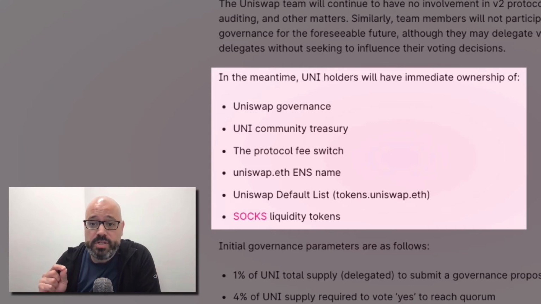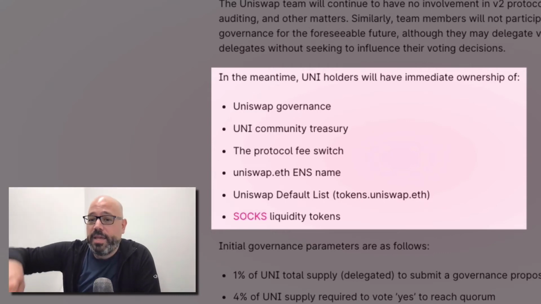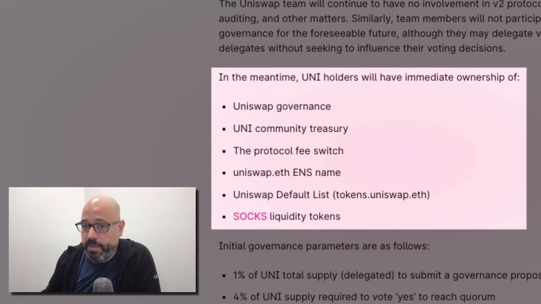That's the current situation. That's the default situation. The switch means they can flip a switch, and instead of the entire 0.3% going to the liquidity providers, the switch allows them to change it to only 0.25% going to the liquidity providers, and then the remaining 0.05% going to the Uni holders, the holders of Uni token.